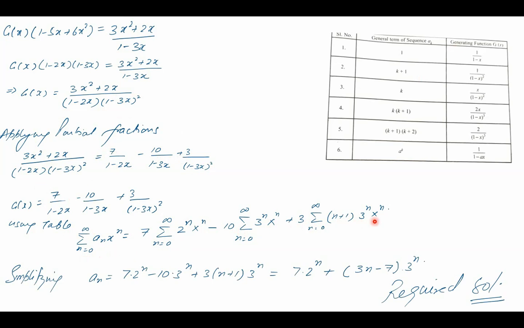Cancelling the summation and x to the power n, I get 7 into 2 to the power n minus 10 into 3 to the power n plus 3(n plus 1) 3 to the power n, which can be simplified as 7 into 2 to the power n plus (3n minus 1) 3 to the power n, which is the required solution.